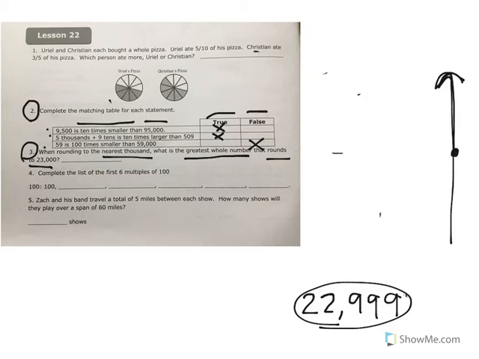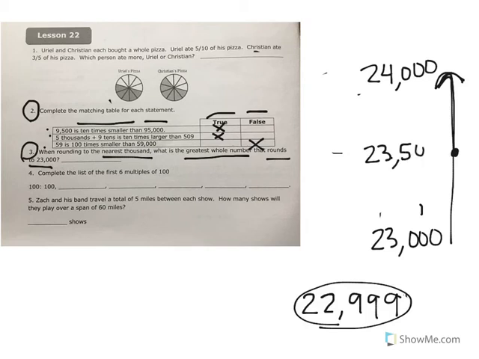If we had 23,000 down here, and then 24,000 up here as our next thousand, the midpoint's going to be 23,500. At this midpoint, we would round up to 24,000. So what would be the biggest number that we would still round to 23,000?